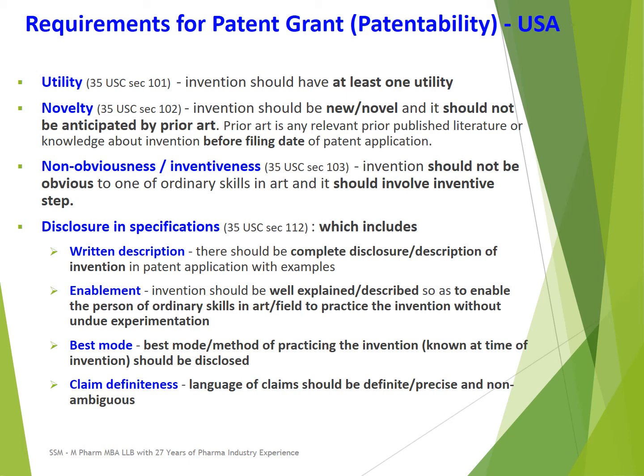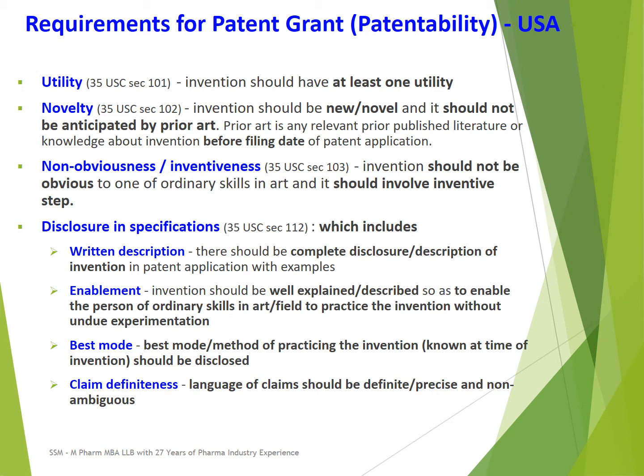Next requirement is best mode disclosure. The best mode or method of practicing your invention, the best mode which is known at the time of invention, should be disclosed. You cannot hide the best mode. If you hide the best mode, it can become ground for challenging your patent. So you have to disclose the best mode of practicing the invention.